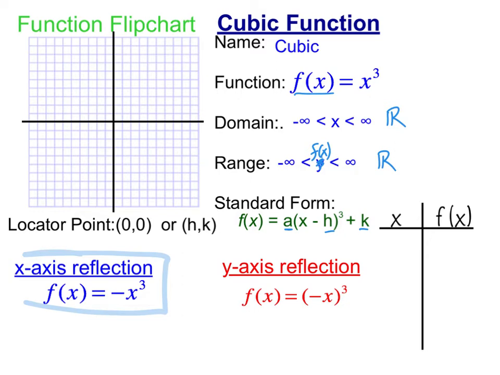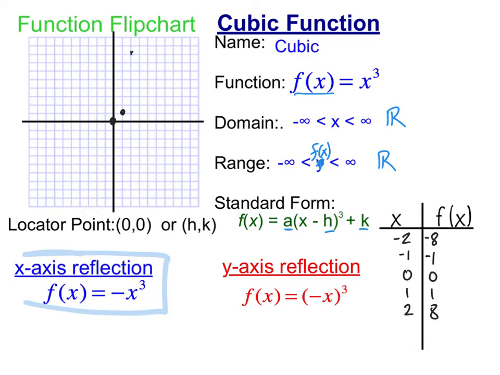Now remember, for a cubic function, we use the x values of -2, -1, 0, 1, and 2. And then the y values were -8, -1, 0, 1, and 8. So our cubic function, there's (0, 0), looks like this.